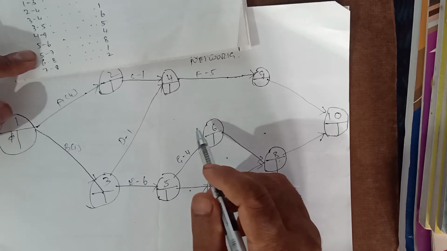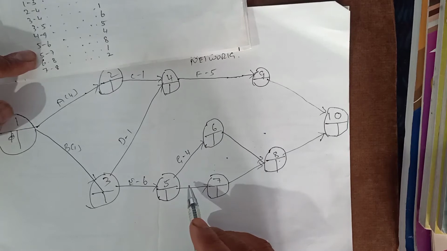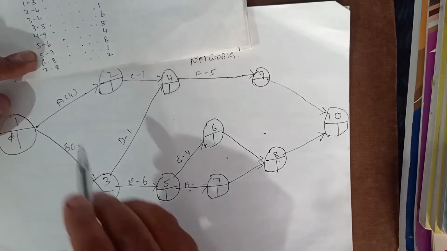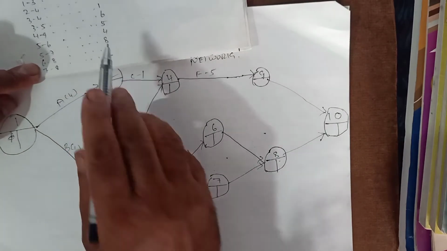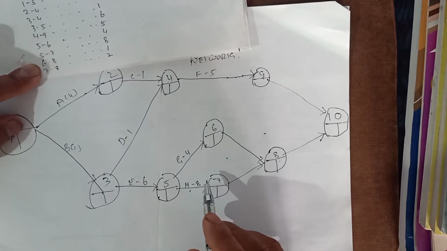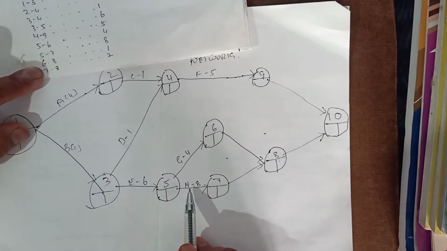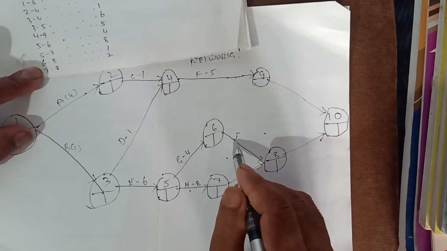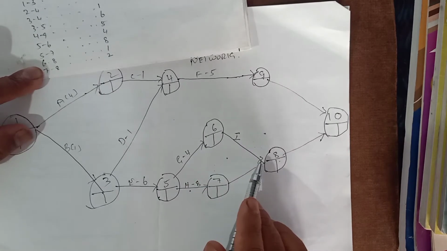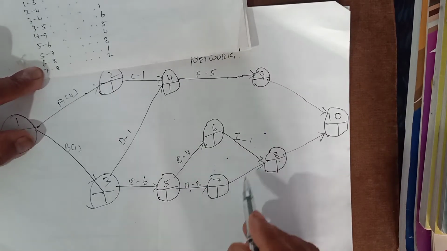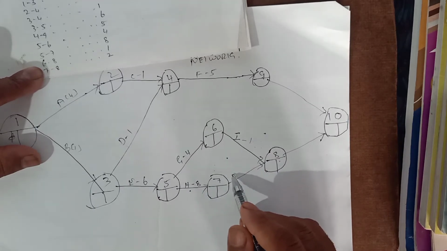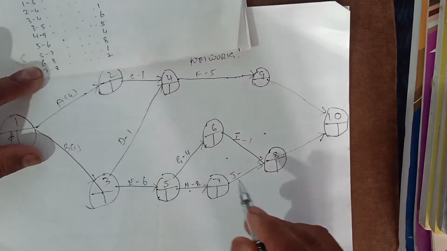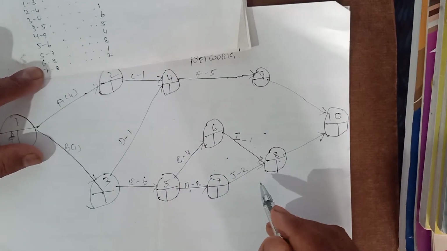The duration of G is 4. Then let us put H here, the duration of 5 to 7 is 8. After that 6 to 8, after H it is I, the duration is 1. Then after I it is J, 7 to 8, duration is 2.